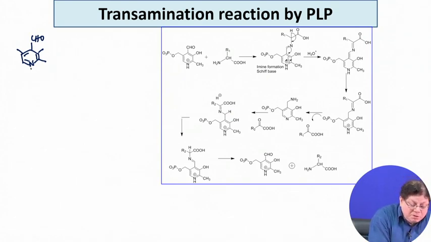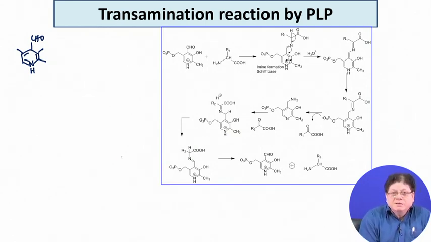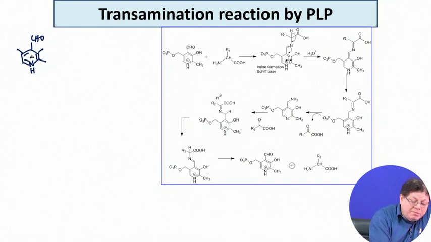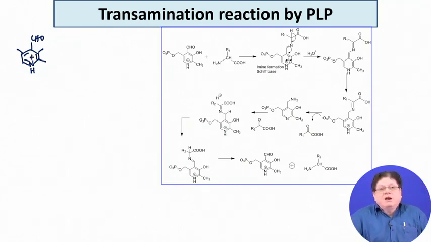Now, in the biological medium, where the pH is normally maintained at 7.2, this nitrogen, because its pK is more than 9, will be mainly in the protonated form.